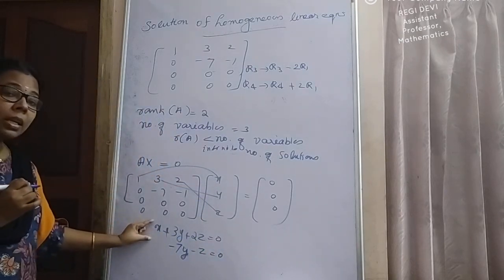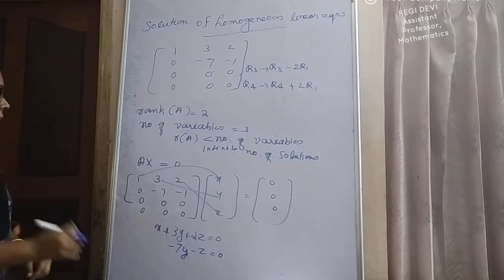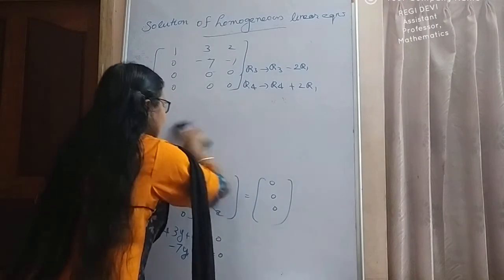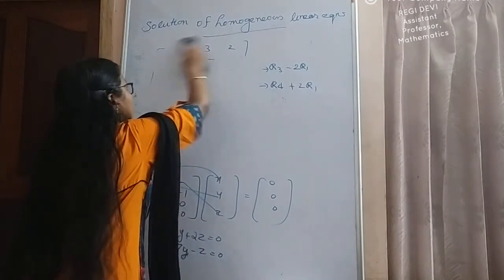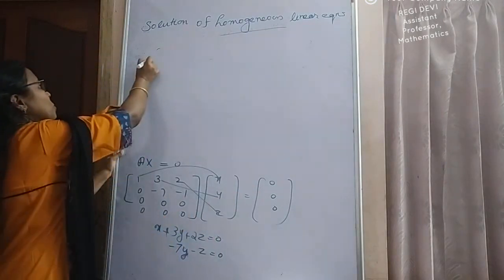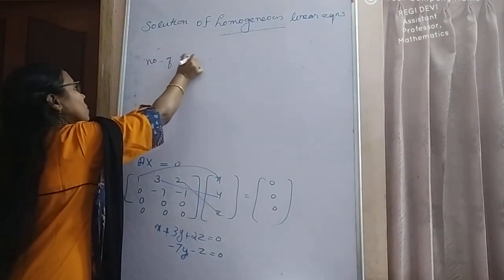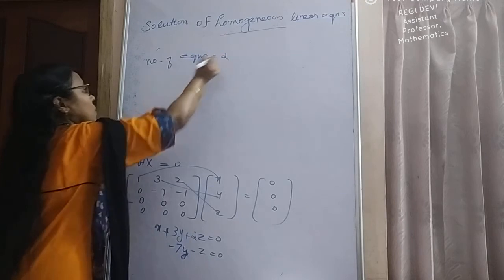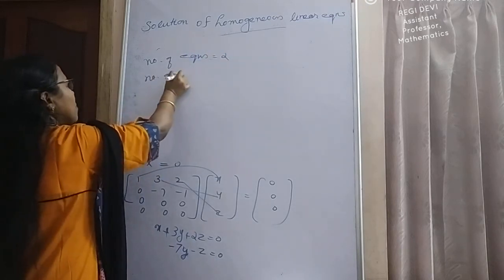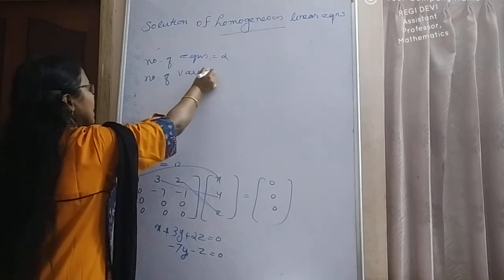We get only 2 equations. Number of equations is 2, but number of variables is 3.